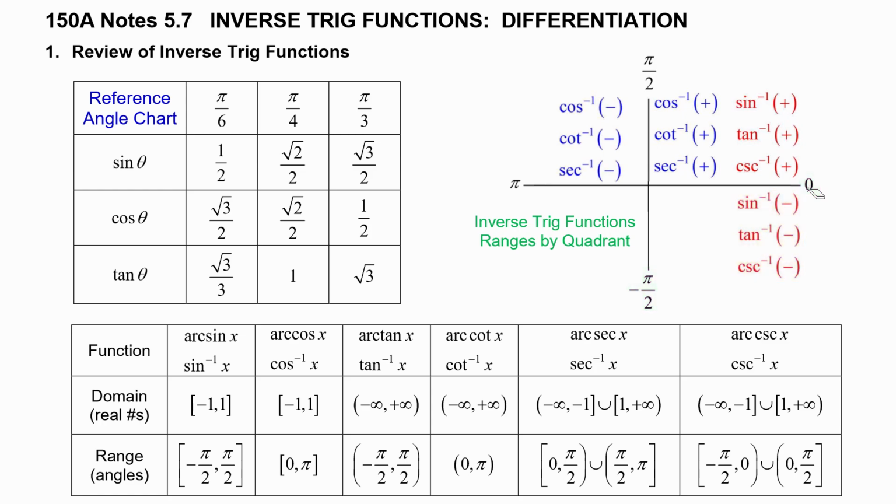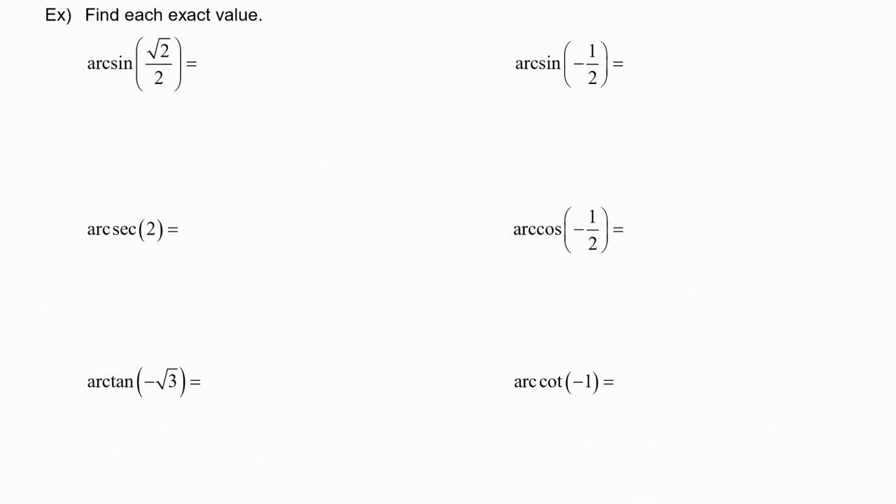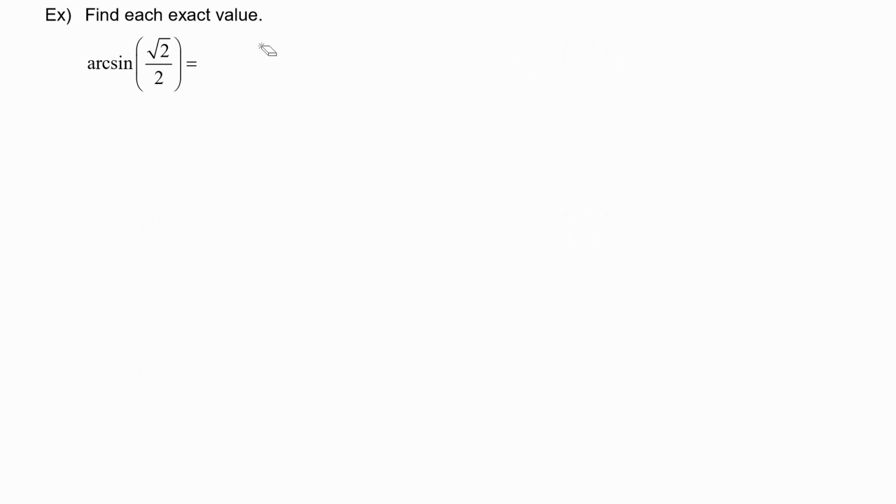So let's give this a try. In this example, we have to find each exact value. First up, we have the arcsine of radical 2 over 2. So when you're thinking about this, remember that the output of an inverse trig function is an angle.